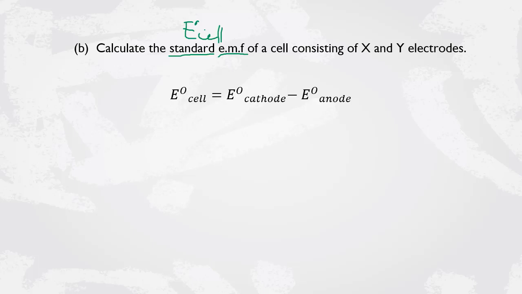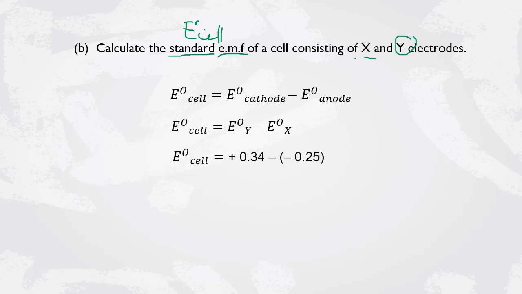We have already determined which one is going to undergo oxidation and reduction. The cathode will be the one that accepts electrons, meaning it has the more positive value, which in this case is Y. While the anode is the one that releases electrons, meaning it has the more negative value, which is X. So we simply substitute the E-note values, keeping both signs, okay?